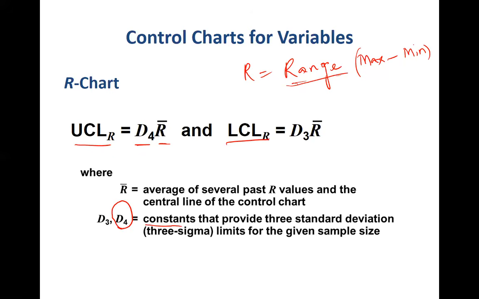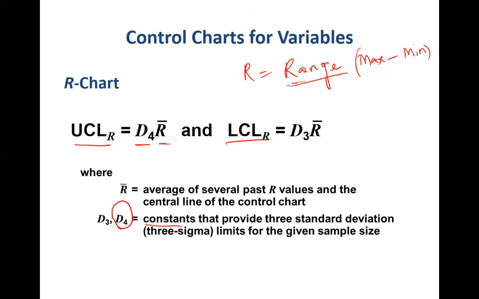This constant we get from a given table, which we can utilize to calculate these numbers. It provides the constant for 3 standard deviation limits for a given sample. So it's a given number that we are utilizing here, D4.